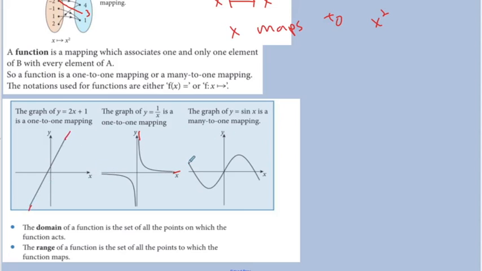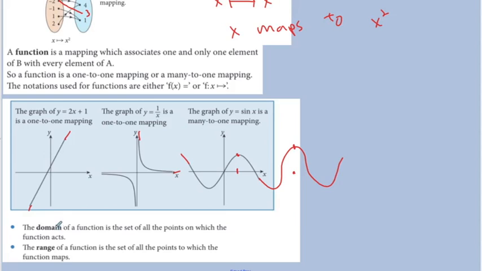So if I continue this graph, it would make this, and we can see that this x value here, its y value is only ever there. However, if I looked here, I have a different x, but I have the same y. Well, that's okay. Remember, x's can only have one y, but y's can have many x's.